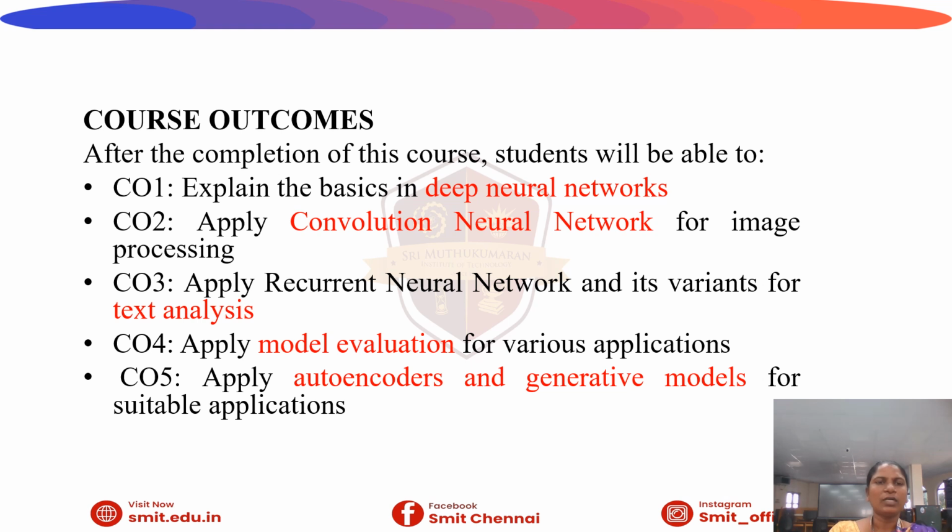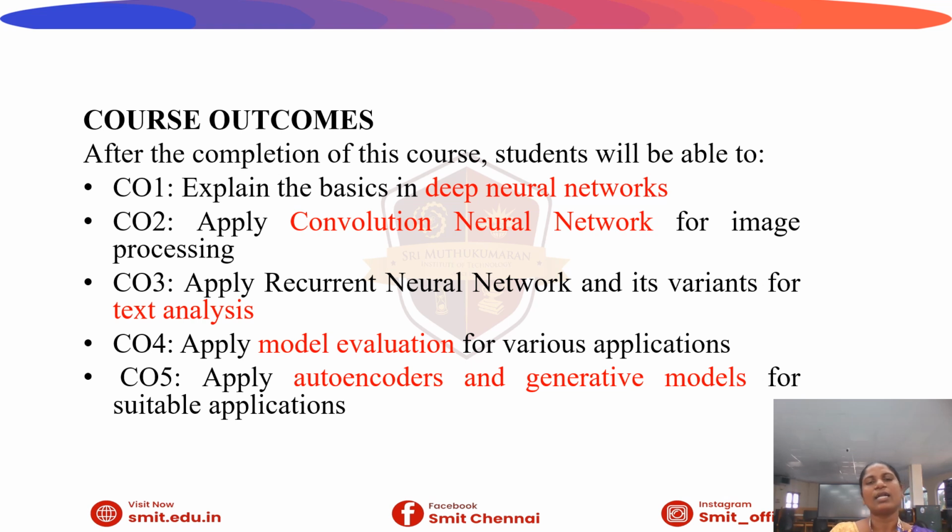And course outcomes are: once they complete unit 1, students can understand the basics of deep neural networks, and in the second unit topics are framed based on these outcomes. After finishing the second unit, students know what convolutional neural networks are and how they work for image processing. And the third is to apply the recurrent neural network.